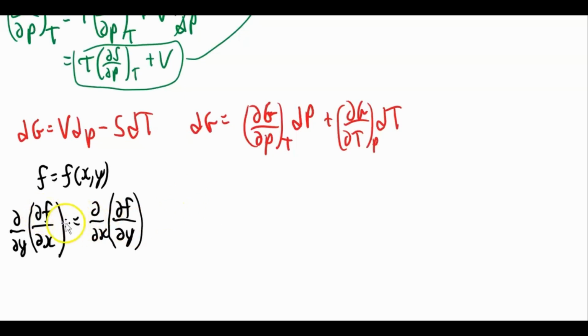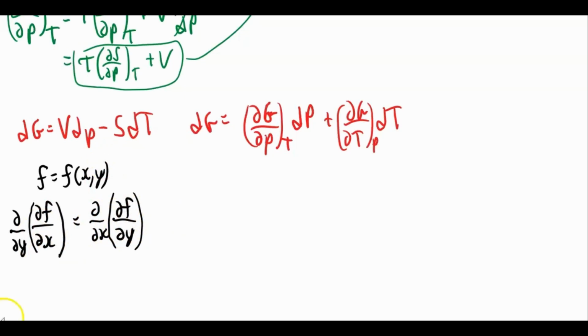So if we take the derivative with respect to x first, and then the partial derivative with respect to y, that's equal to taking the partial derivative with respect to y first, and then with respect to x. It's pretty cool that the order of derivatives doesn't matter for this. These are equal to each other.